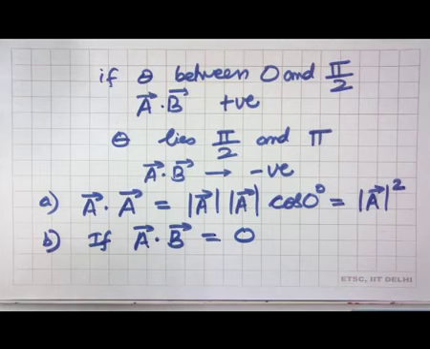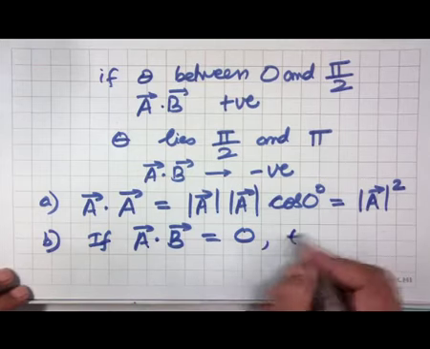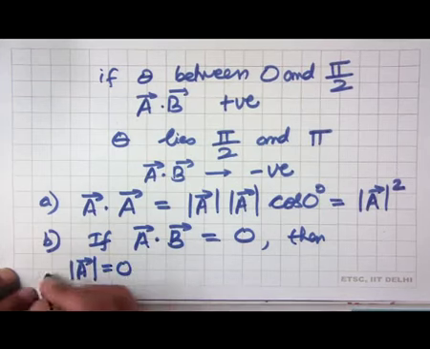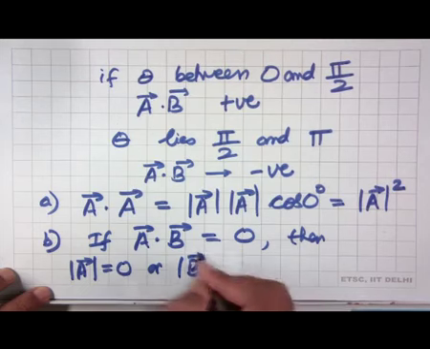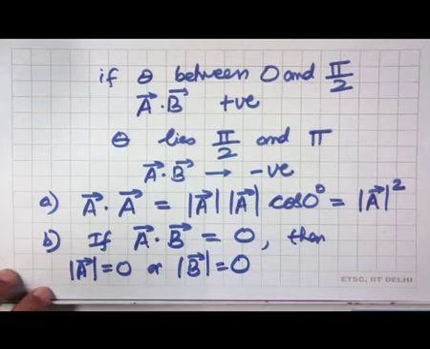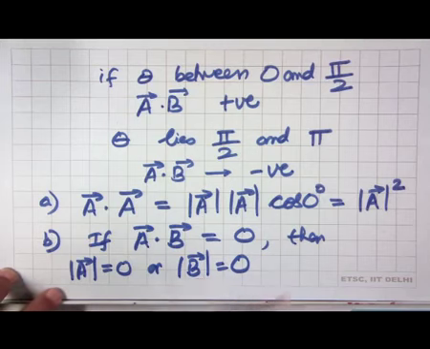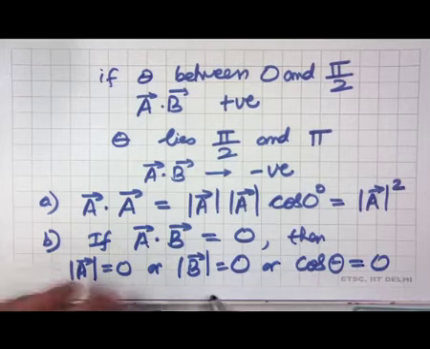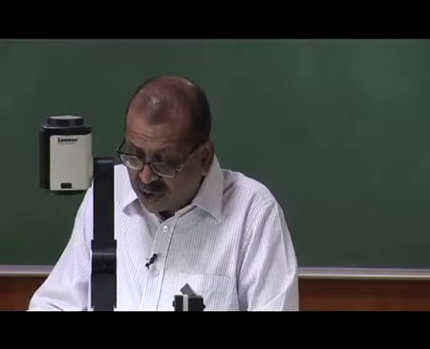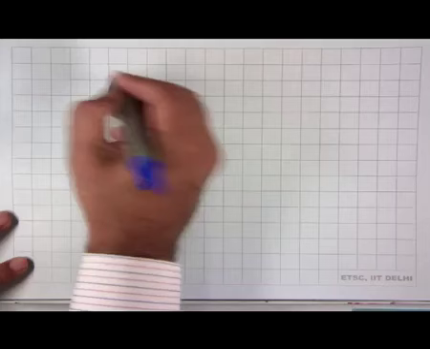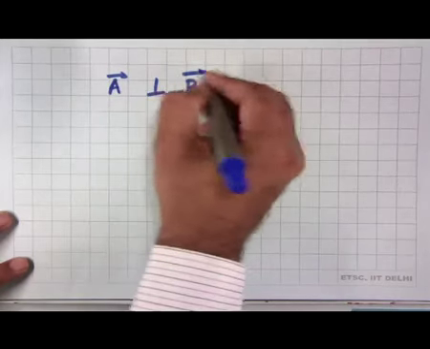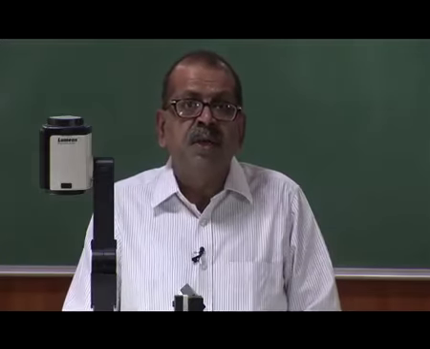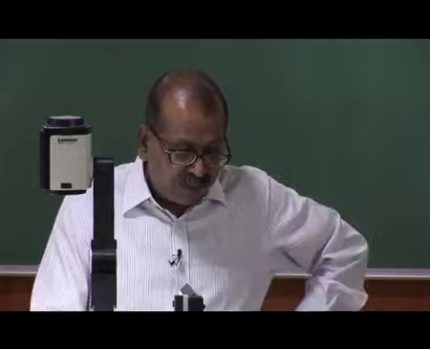The second thing, let us see, if A dot B is equal to 0, then what we see is either magnitude of A must be 0 or magnitude of B is 0, but if these we can call as trivial cases, then cosine of theta must be equal to 0, and for cosine of theta to be 0, this will give us that vector A has to be perpendicular to vector B. So, therefore, if the dot product is 0, then the two vectors have to be perpendicular if either of them is not 0.